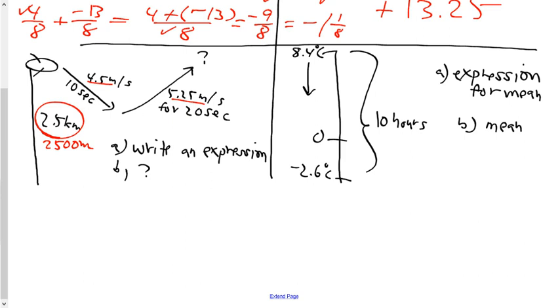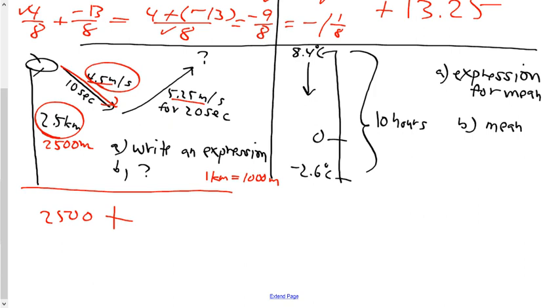It's 2,500 meters because that's what 2.5 kilometers is. Remember, 1 kilometer equals 1,000 meters. Right? Okay, so starting height, which is 2,500, plus the amount it went down. It went down 4.5 meters a second for 10 seconds. Note, because it's descending, we treat that as a negative 4.5.